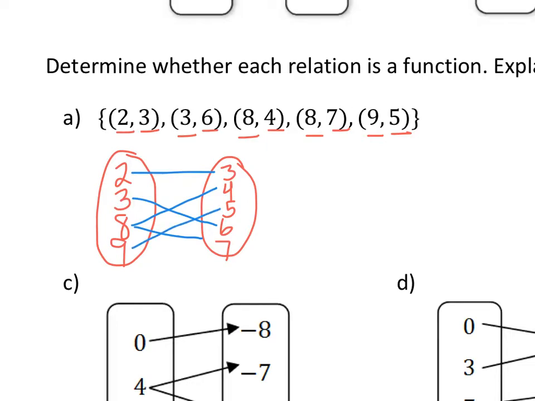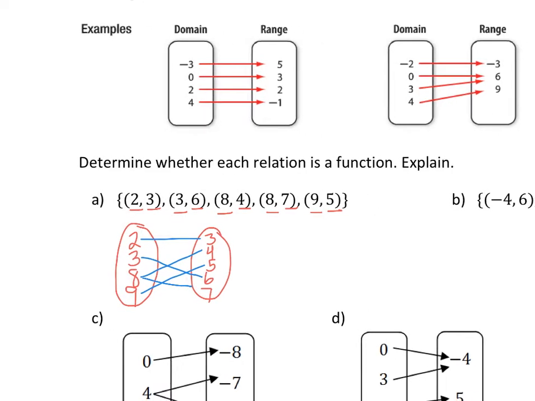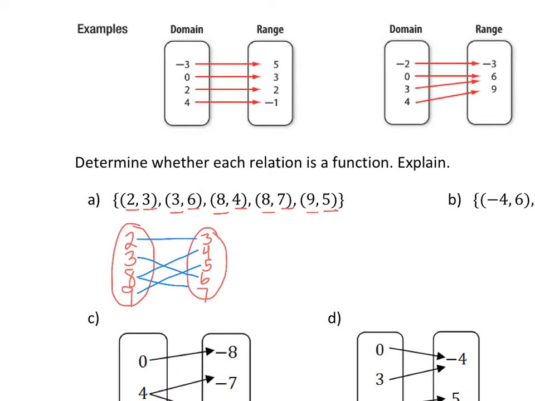If we take a look here, this differs from our examples above. Our mapping on the left-hand side and our domain, the 8 is actually showing two different outputs, a 4 and a 7.